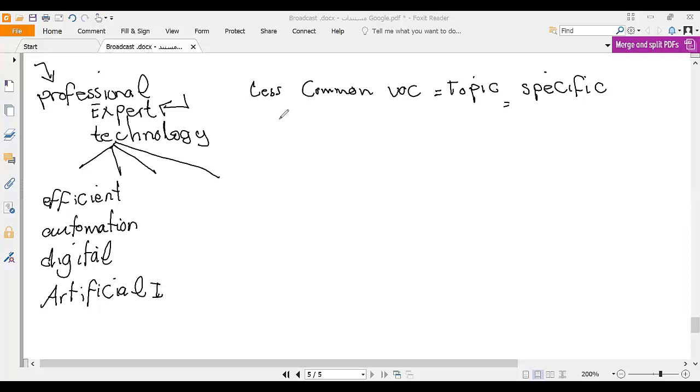Okay. Let's say environment. So an environmentalist, the one who is an expert in environment, what kind of words would he use if you want to talk about environment?